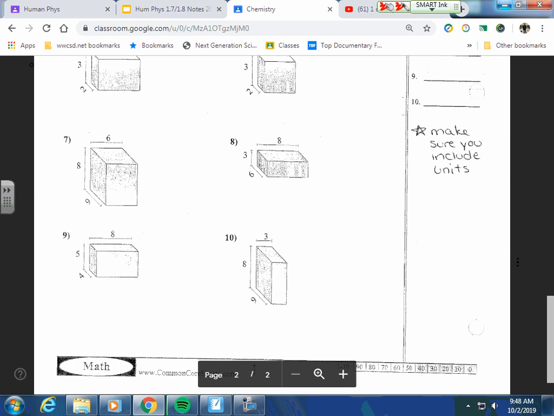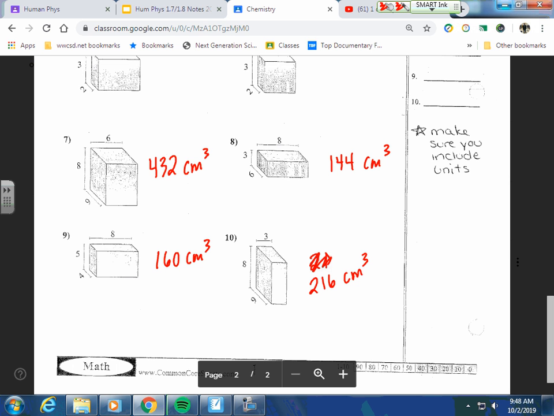What is the answer there? 7. 6 times 8 times 9? 432. 432 cubic centimeters. 8 times 3 times 6? 144. 8 times 5 times 4? 160. 8 times 9 times 3? 216. Okay, so that's how we do that stuff.